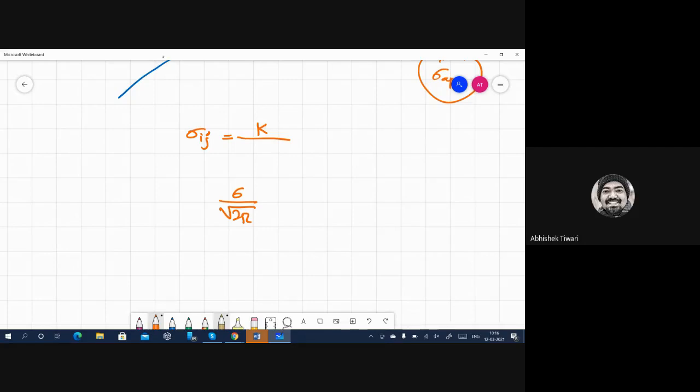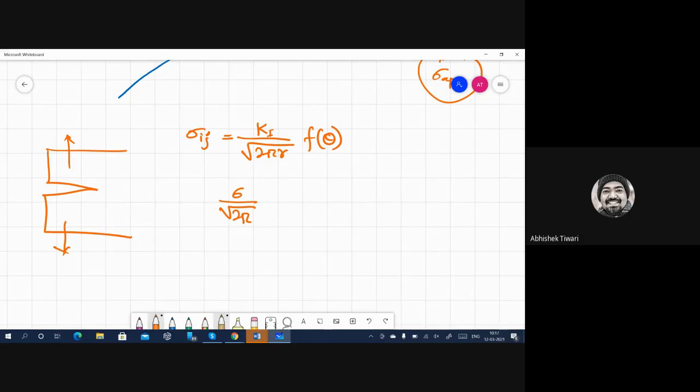The final equation is K divided by root 2 pi r, f of theta. We have spoken about mode 1, mode 2, mode 3. That will bring more complication, but just remember that we are in mode 1. What is mode 1? Mode 1 is this. If you have a crack, I'm pulling it like this. This is called opening mode or mode 1. And we are going to deal with this.